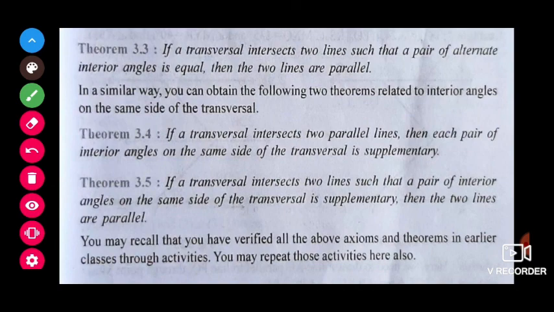That is only the allied angles, children, which I explained, the same side. It even shows postulate number 5 also. If it is on the same side, the allied angles' sum should be 180 degrees if the transversal is passing through parallel lines. Next, if a transversal intersects two lines such that a pair of interior angles on the same side of the transversal is supplementary, then the two lines are parallel.